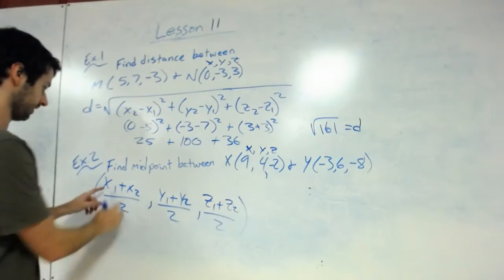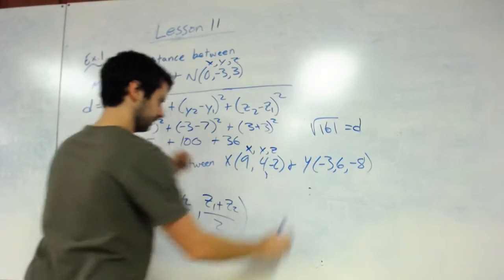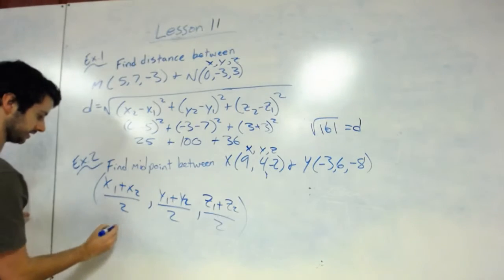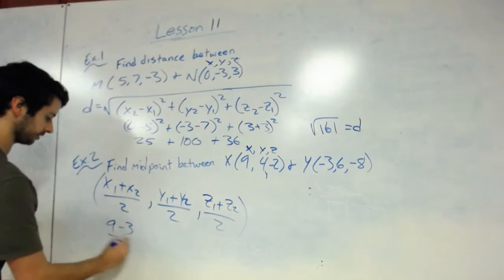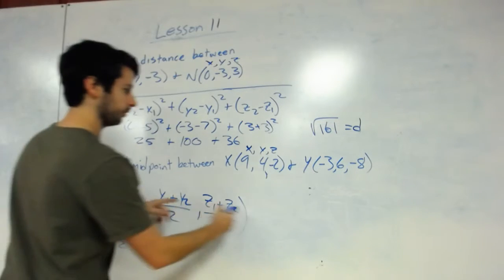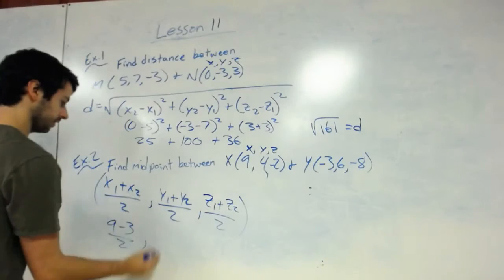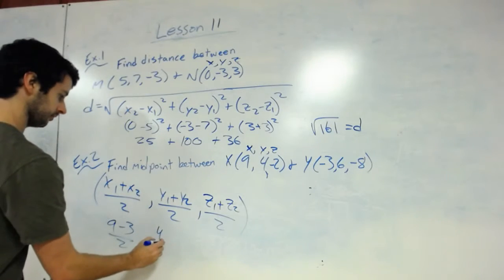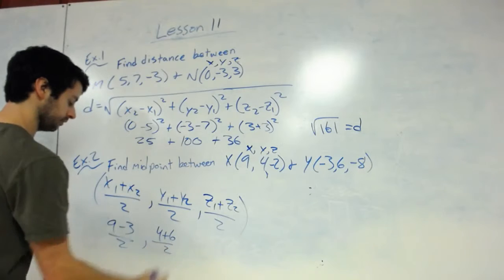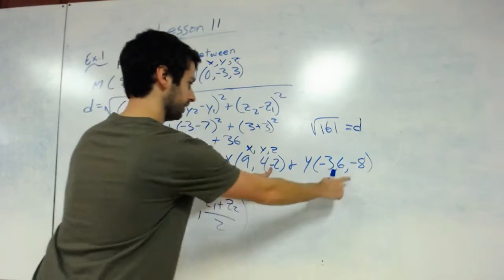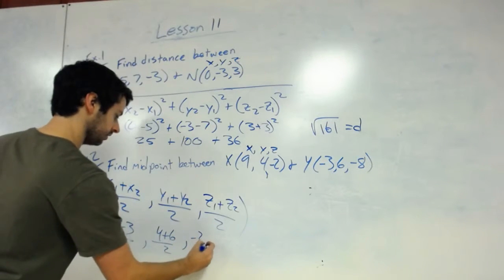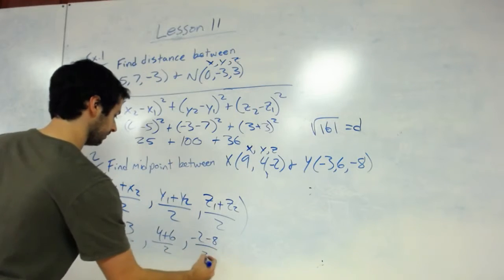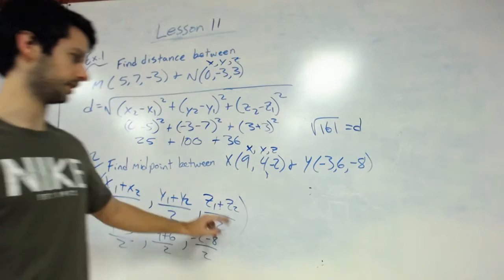So x of 1 plus x of 2 is 9 minus 3. I'm just going to put 9 minus 3 over 2. We'll solve in the end. Y of 1 plus y of 2, that's 4 plus 6 divided by 2. Z of 1 plus z of 2, negative 2, it'd be minus 8 over 2, because plus a negative.